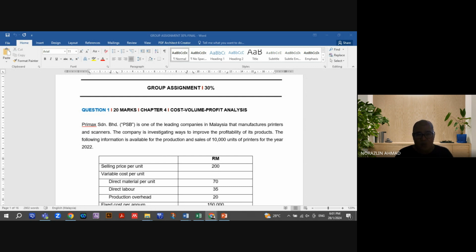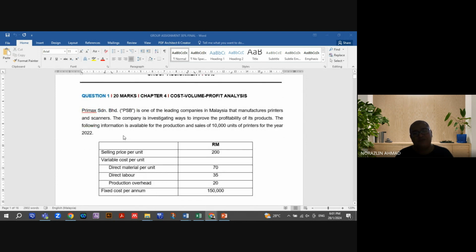Now with question number 1, 20 marks, chapter 4, topic cost, volume, profit analysis. Okay, let us read the question together. Primax Berhad is one of the leading companies in Malaysia that manufactures printers and scanners. The company is investigating ways to improve the profitability of its products.